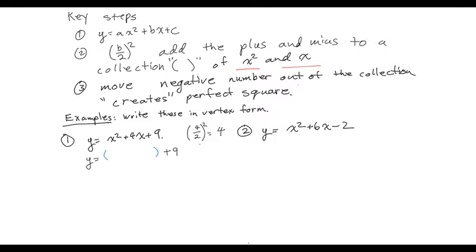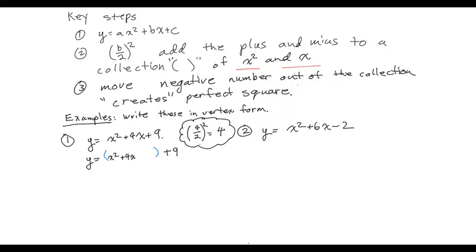So now we have x squared plus 4x, and here is the deal. Remember how we calculated this specific term here. We're going to use this term in order to create our perfect square.